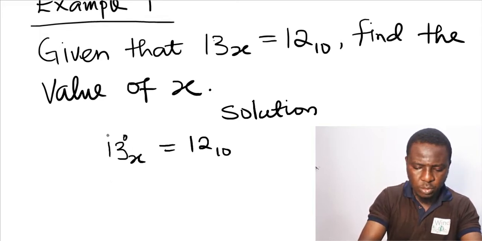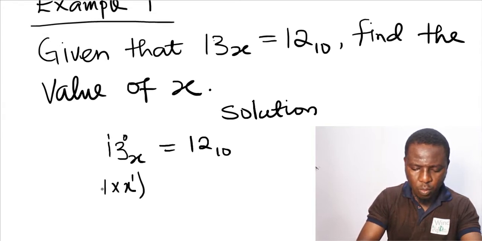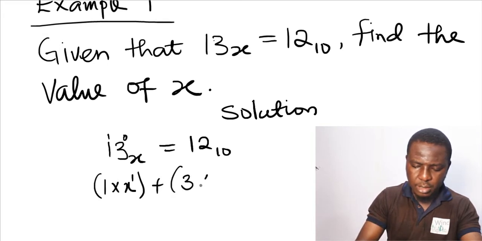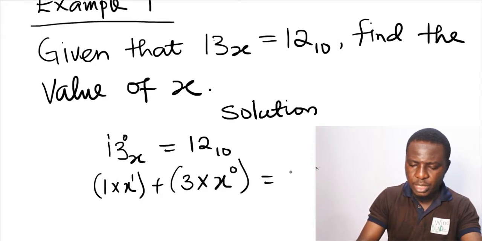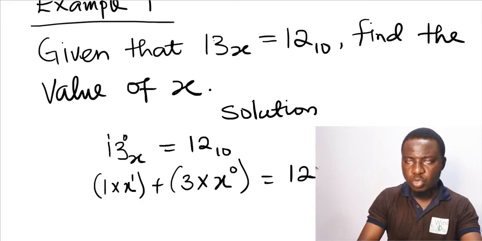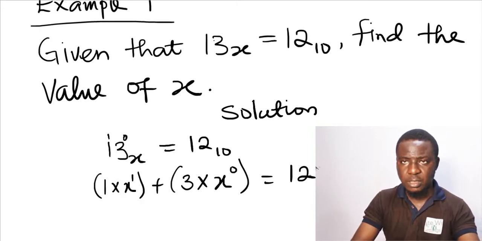This becomes 1 times x raised to power 1 plus 3 times x raised to power 0 being equal to 12. 12 is already in base 10.